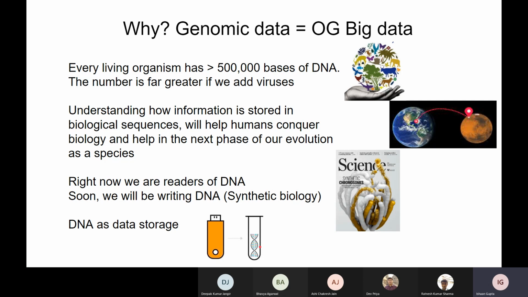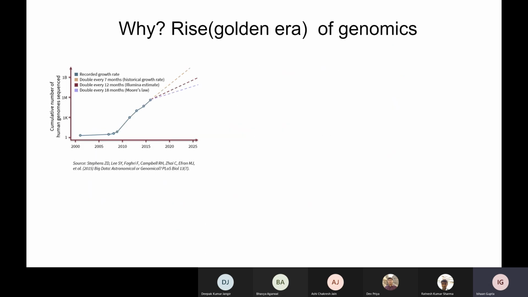For example, the entire Wikipedia can be stored in a small 10 microliter volume of DNA. This is much more efficient than storing it in, say, a USB stick, which is going to take much more space. And once you have all this information, people are also trying to create new DNA with synthetic DNA, which is synthesized inside the lab.